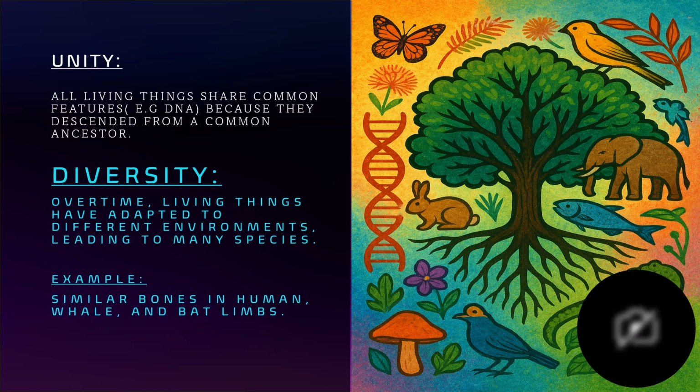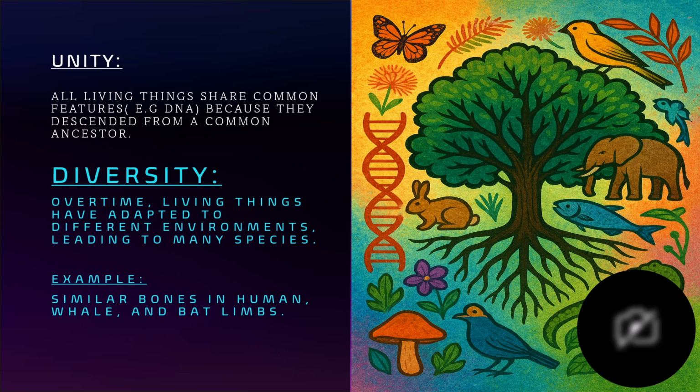Two things to focus on when you study evolution: unity, which is that all living things share common features. All living creatures have common features, like DNA. We all have DNA because we descend from a common ancestor, which had DNA, and we inherit DNA from it. So we have this as a unity. Diversity: what's the difference?